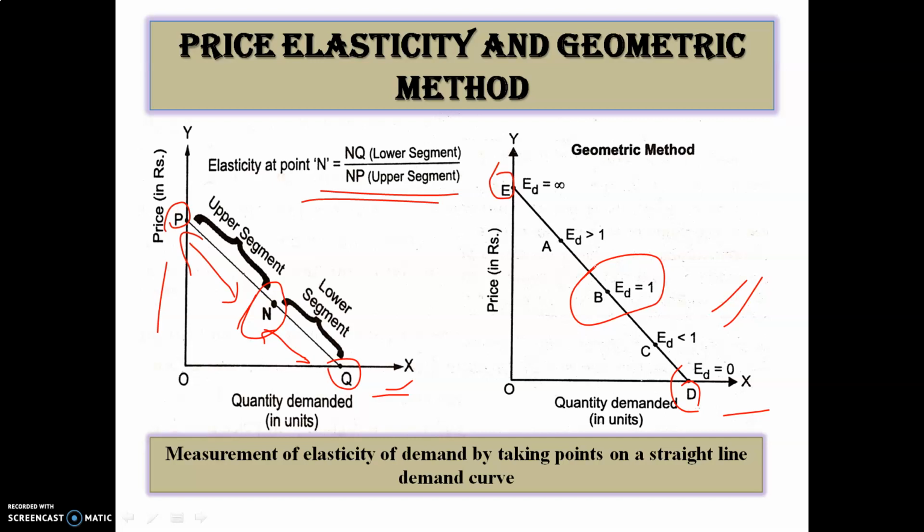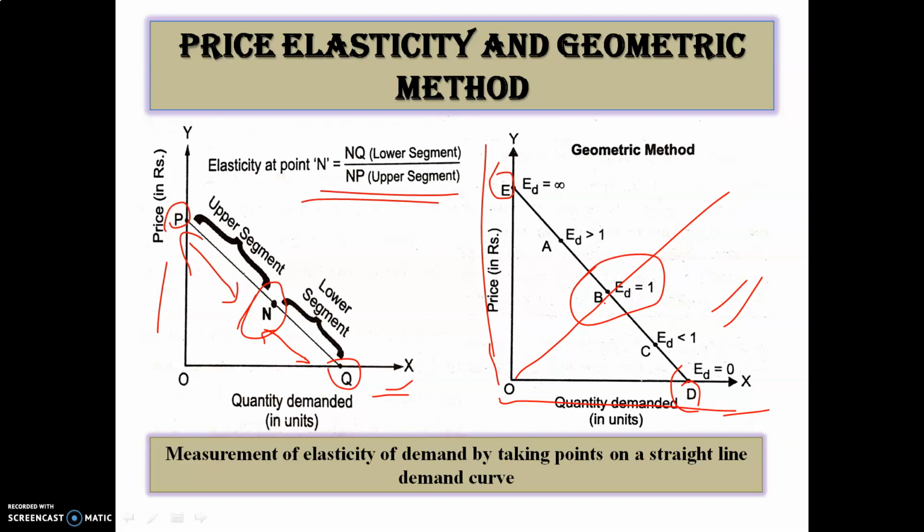This is representing a 90-degree angle, and at this point we have a 45-degree angle, which means exactly half of 90 degrees. So if the point you are choosing lies in the middle, then the value of ED will be equal to 1.